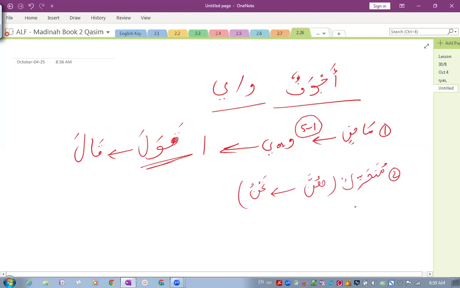We saw last time that these are all known as mutaharrik pronouns: tuma, tumti, all the way.